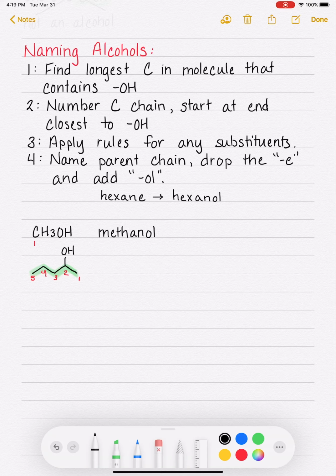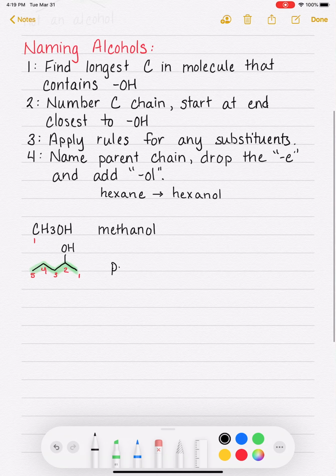Oh, and this makes me realize that I have forgotten a rule in your steps 1, 2, 3, 4 for naming alcohols. We have to say where the OH is located, and that's the part that I left out of your steps. So what we have to do is name the parent chain, 5 carbons. This is pentane. We have to drop the E and change it to "ol" because it's an alcohol.